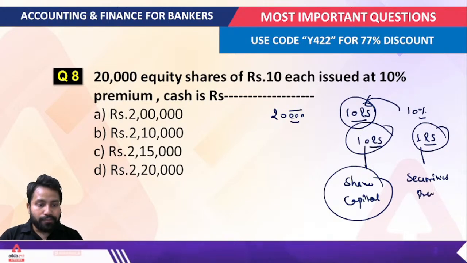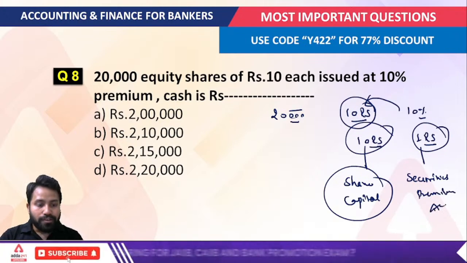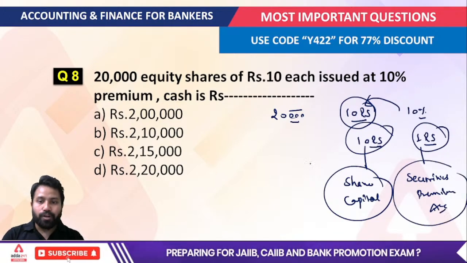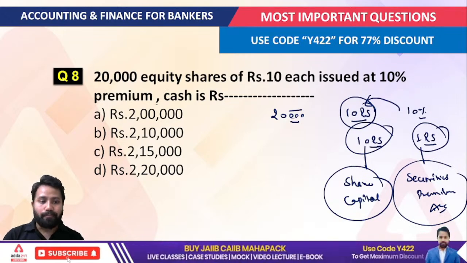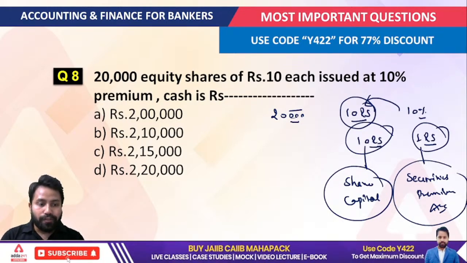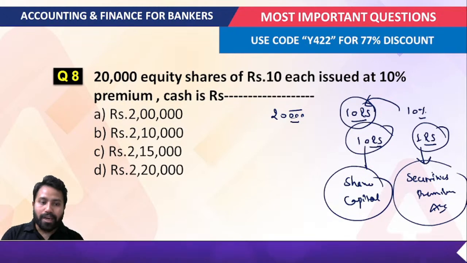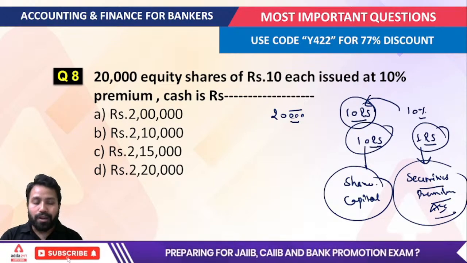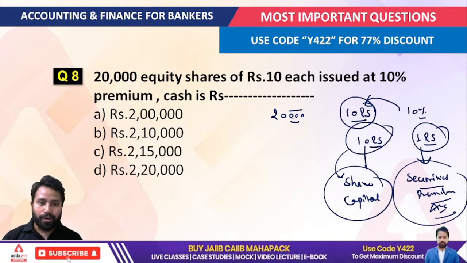Whatever shares are issued by the company, this 1 rupee will always be credited into the securities premium account, and this 10 rupees will be credited into the share capital account. So you have to keep both things separate.